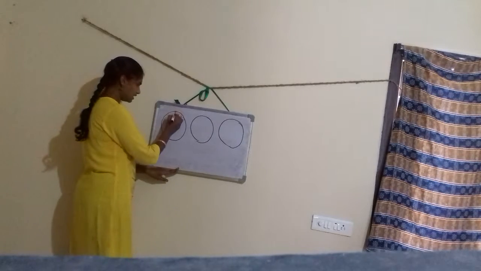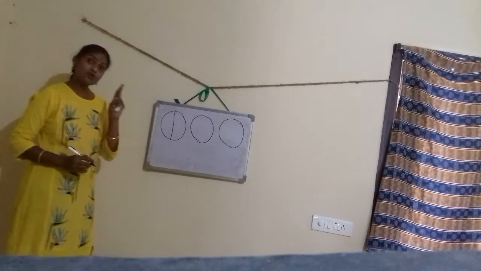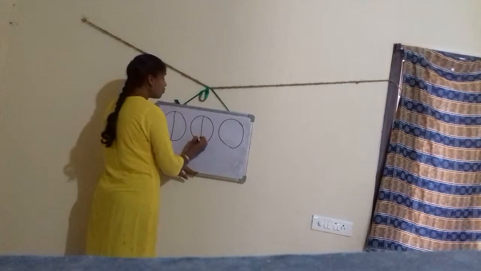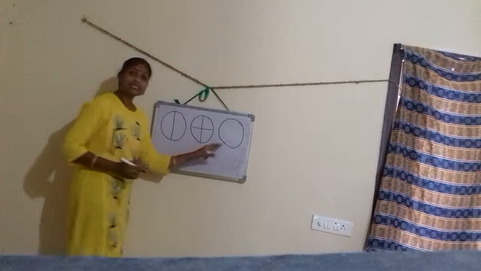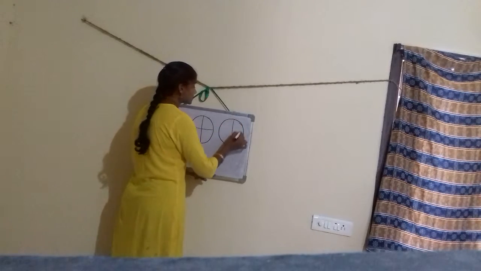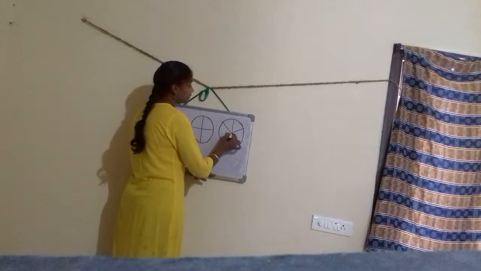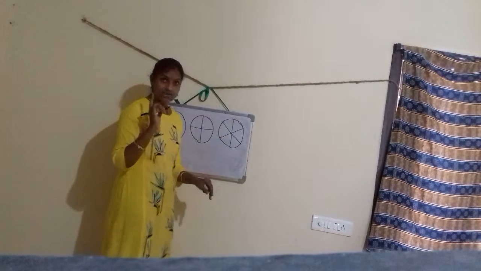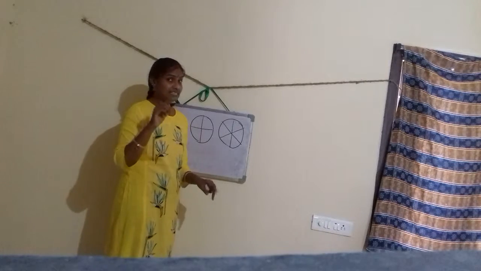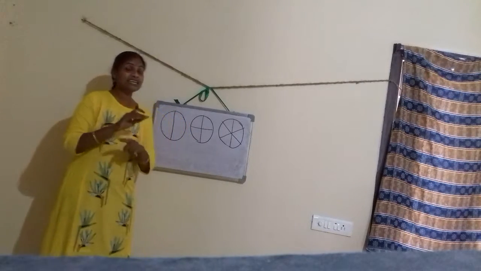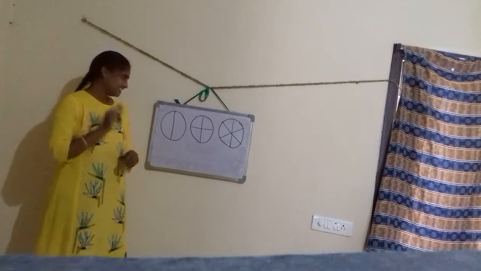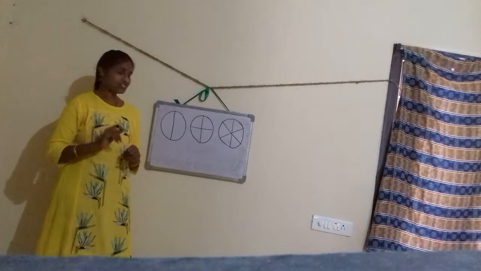The first circle I will cut into 2 parts, the second circle into 4 parts, and the third circle into 6 parts. Remember, equally. I told you in the previous class that equal distribution is called division. Very good, it is related to division.